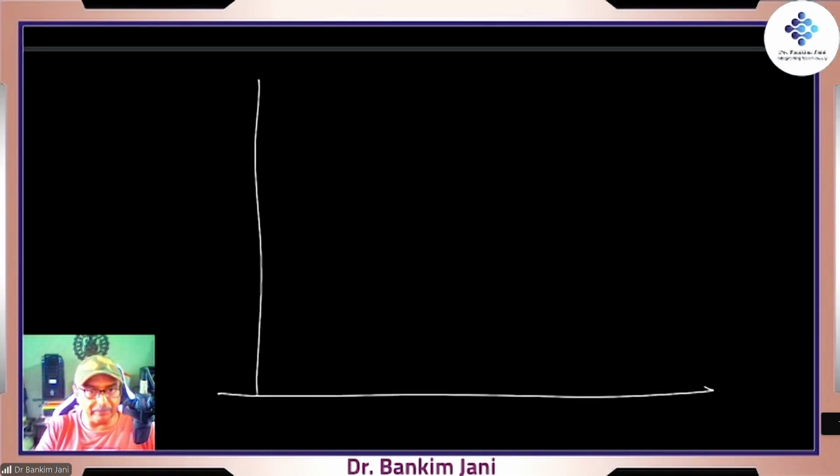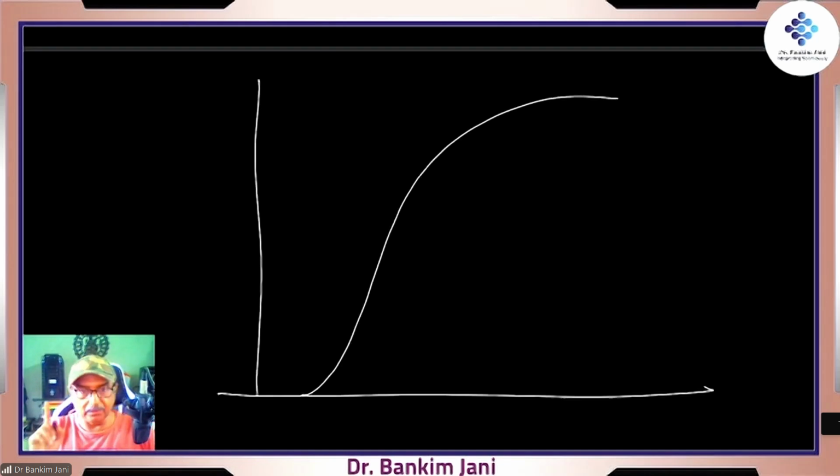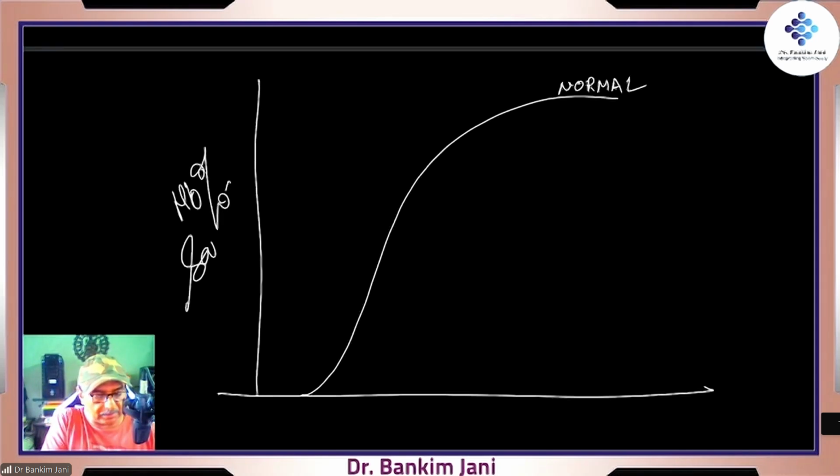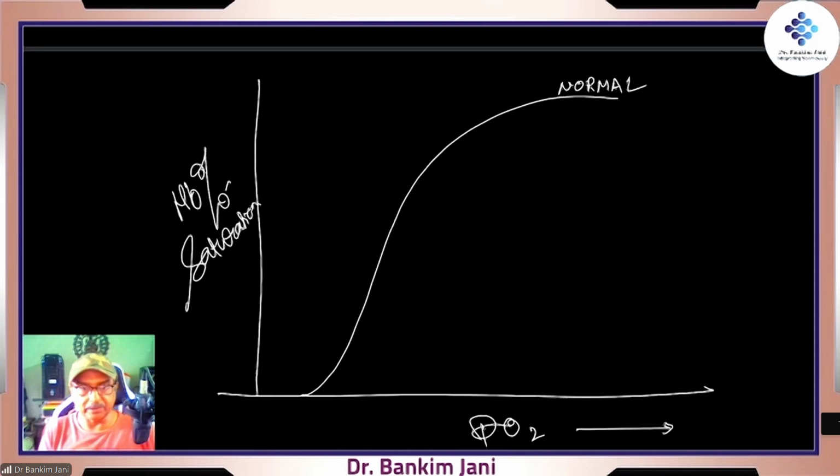So now we'll be talking about only one curve, and that is this normal curve. When everything is fine, this is how things go. This is the hemoglobin percentage saturation against the pressure of oxygen.